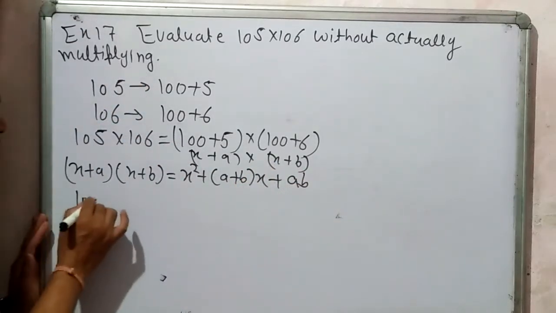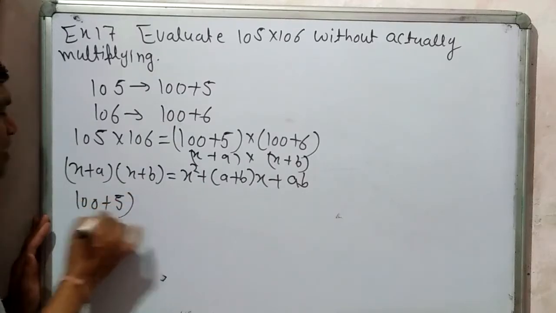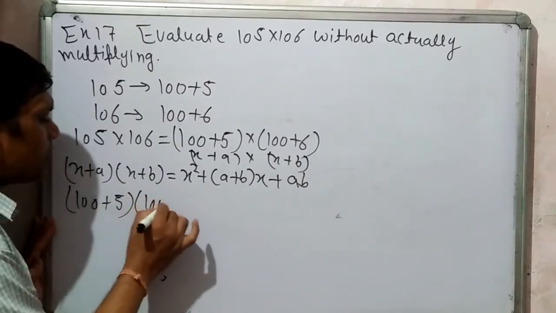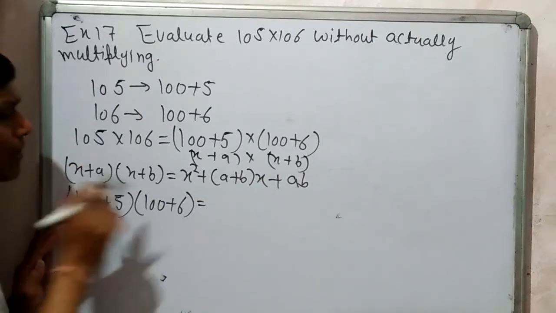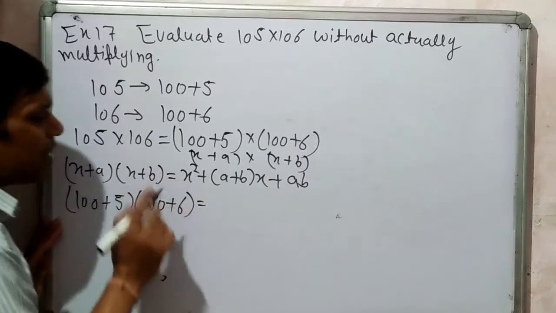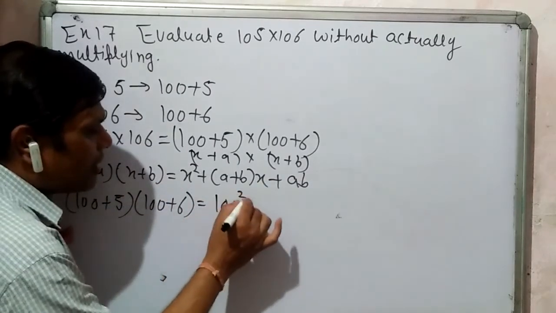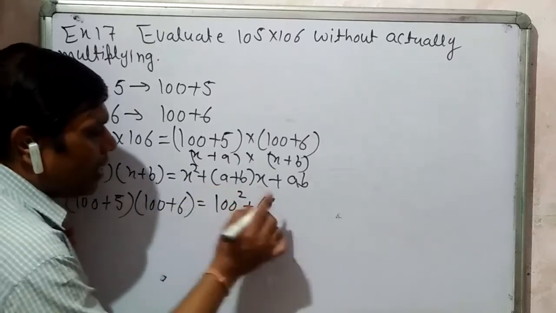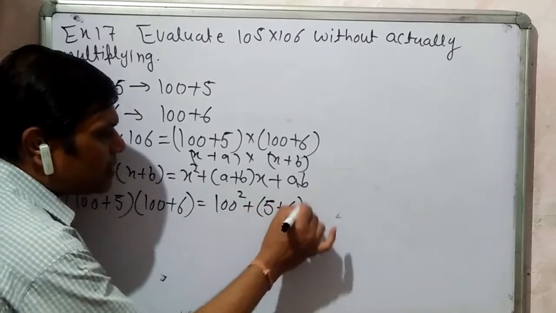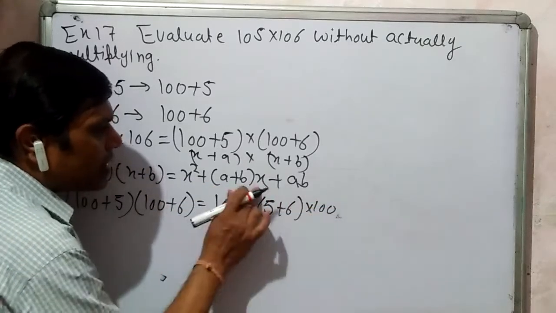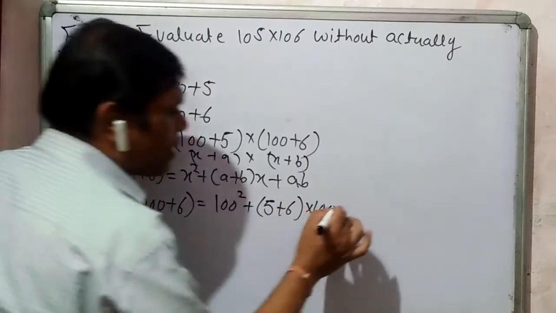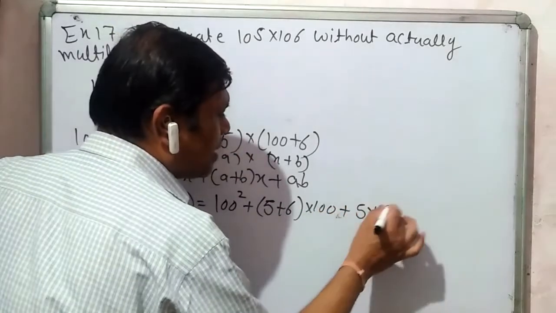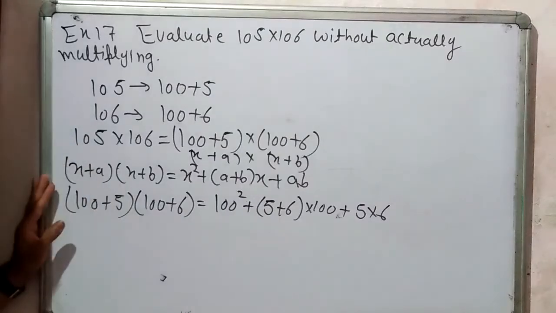In place of x we have 100, in place of a we have 5, in place of b we have 6. We put the values over here. In place of x we have 100 square, a is 5, b is 6, outside x is 100, many times students lose this, plus a into b, that is 5 into 6.